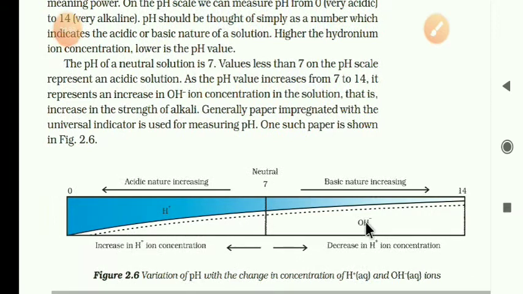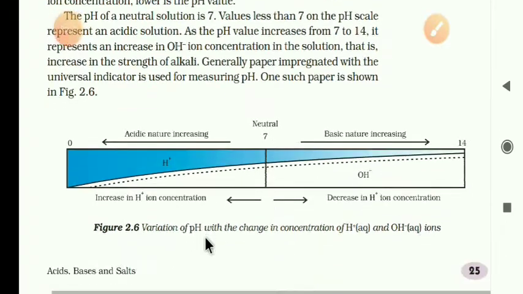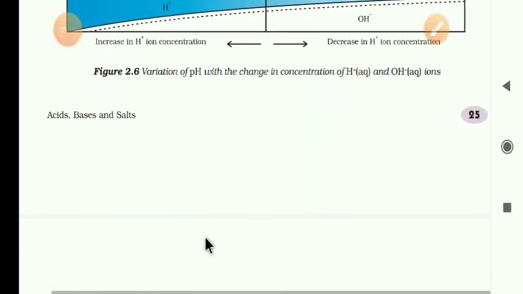From near zero, here onwards it is more acidic, and comes here less acidic, but it becomes neutral. And here it is basic. This is less basic and goes on increasing to more basic. In this way you have to say the pH value.